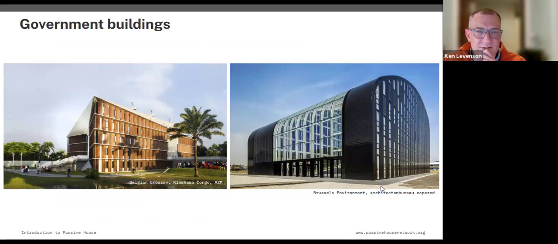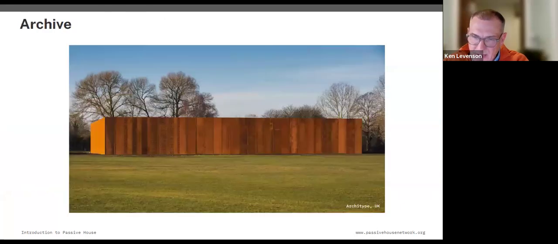This is the Brussels Environment Building, which doesn't look like it could be a passive house per se, but can hit the performance targets. So a lot of things happening there. This is an archive building in the UK where you want absolute environmental control inside, with the humidity and the temperature. And they can do it in this, like use flat line and very little energy.